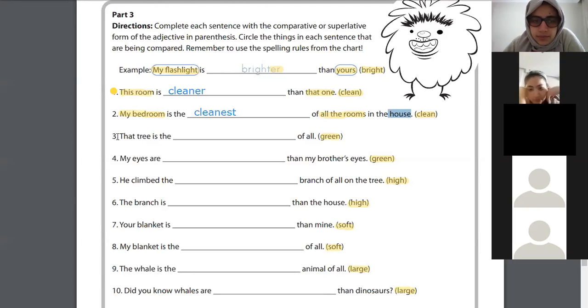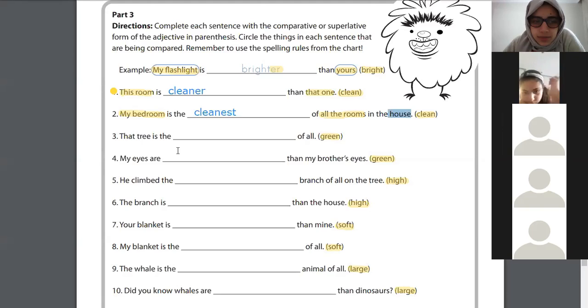The tree is the greenest of all. So here I'm comparing between one tree and all the trees. So do I need to add ER or EST to green?